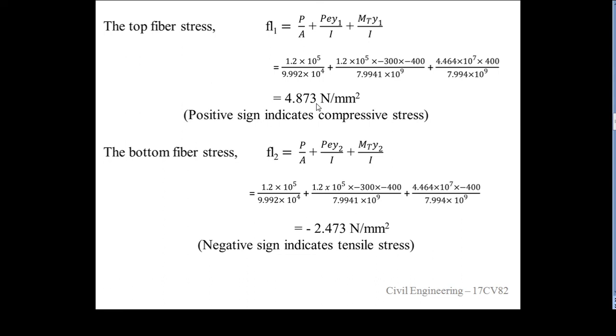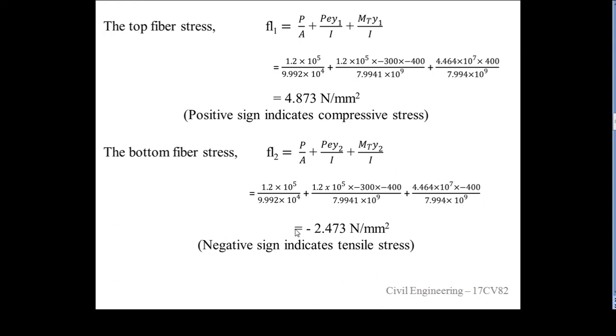Then P is equal to 1.2 into 10 raised to 5 divided by 9.992 into 10 raised to 4, plus 1.2 into 10 raised to 5 into minus 300 into minus 400 divided by 7.9941 into 10 raised to 9. This is the moment of inertia value. Here observe Y2 is negative, minus 400. Then 4.464 into 10 raised to 7, that is MT, into minus 400, and I is equal to 7.994 into 10 raised to 9.